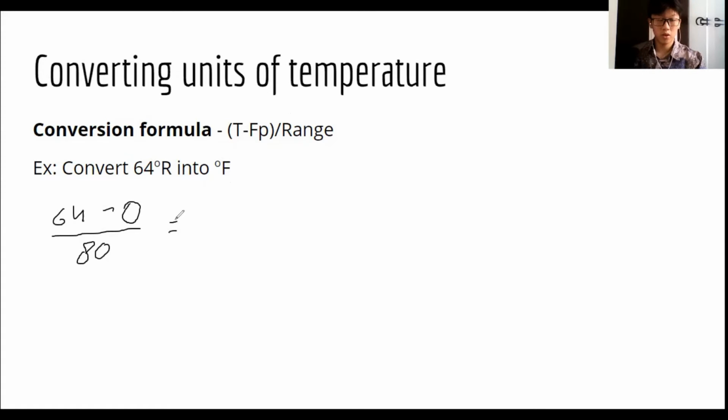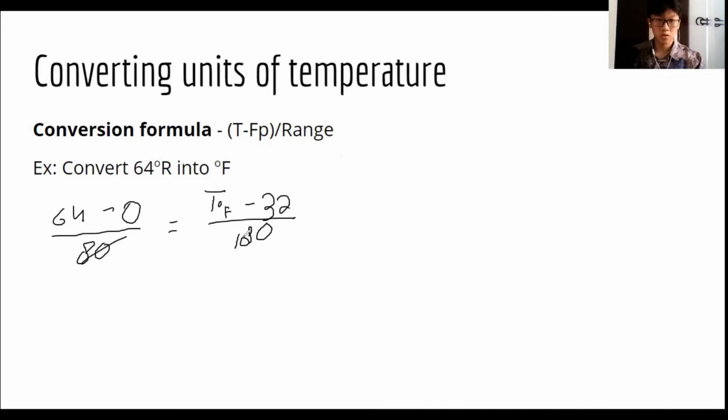Now we make the formula for Fahrenheit. So the temperature in Fahrenheit minus the freezing point, which is 32, over the range. The boiling point of Fahrenheit is 212 and the freezing point is 32, so its range is 180. Now we just compute it all.